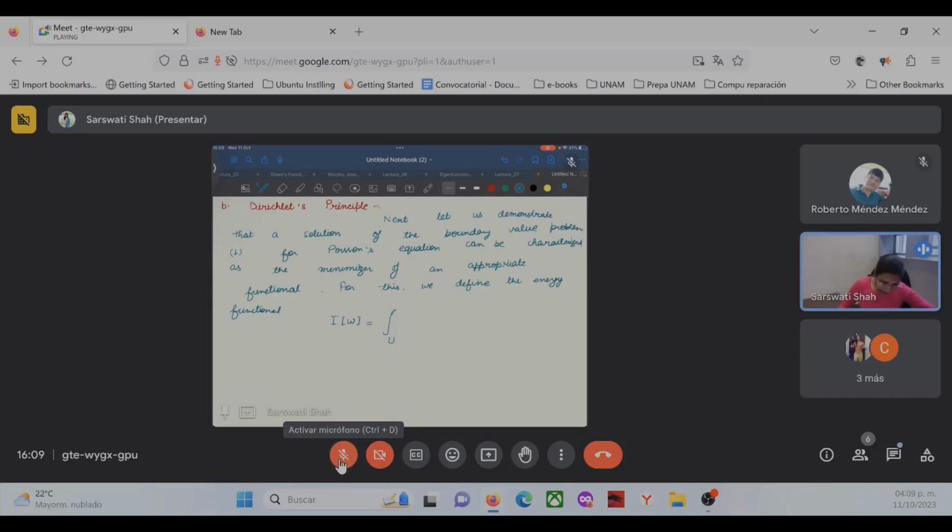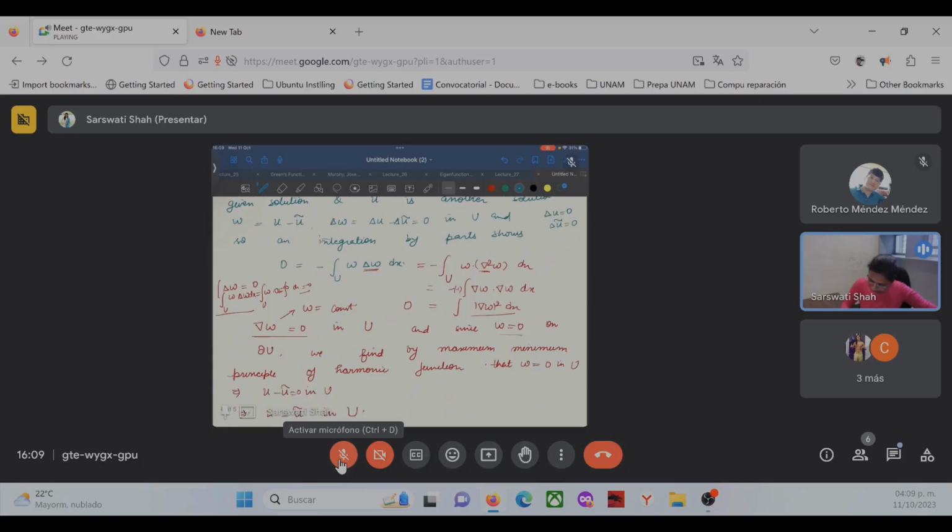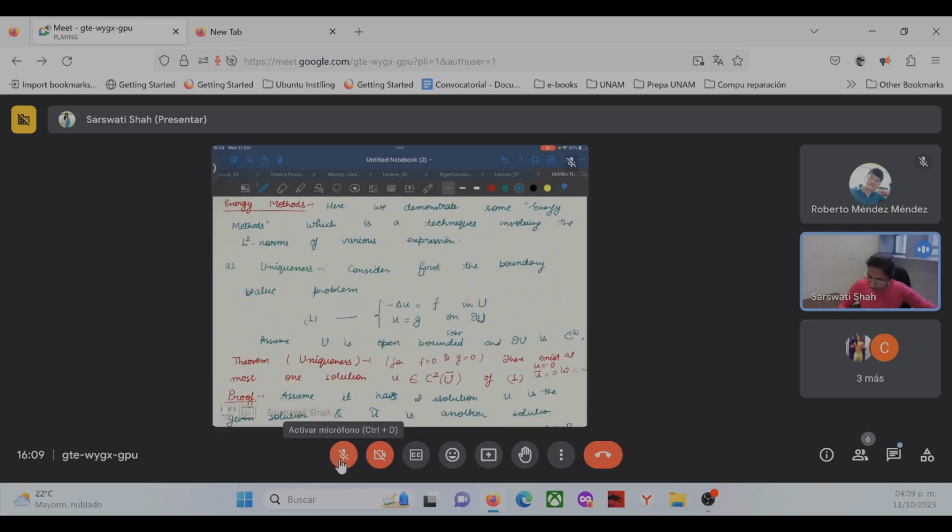So can you tell me, for the given Poisson equation, what will be the energy functional? I have seen that. I don't remember what the functional is.